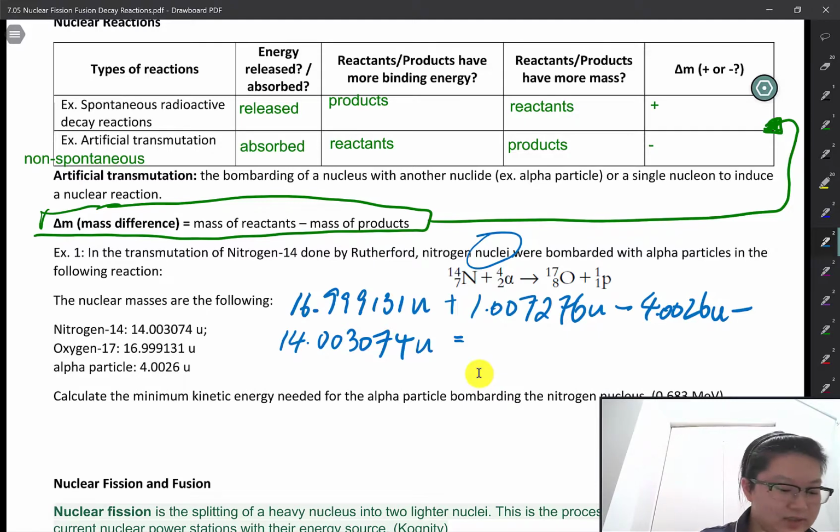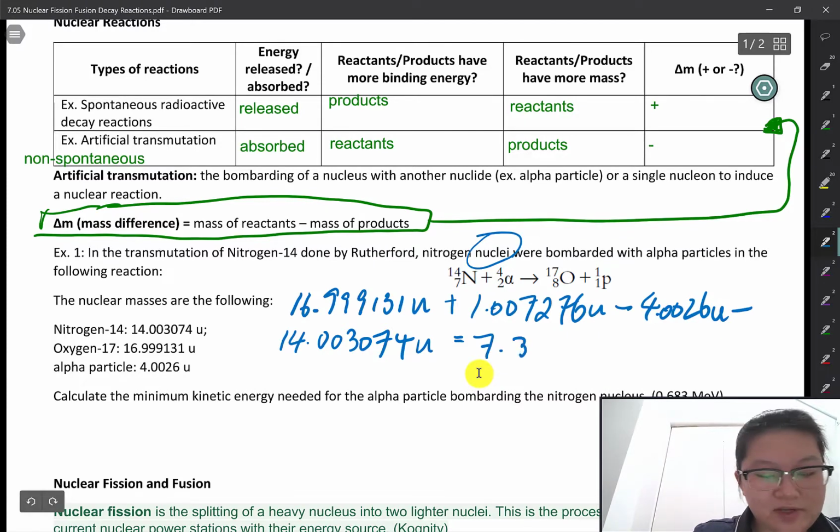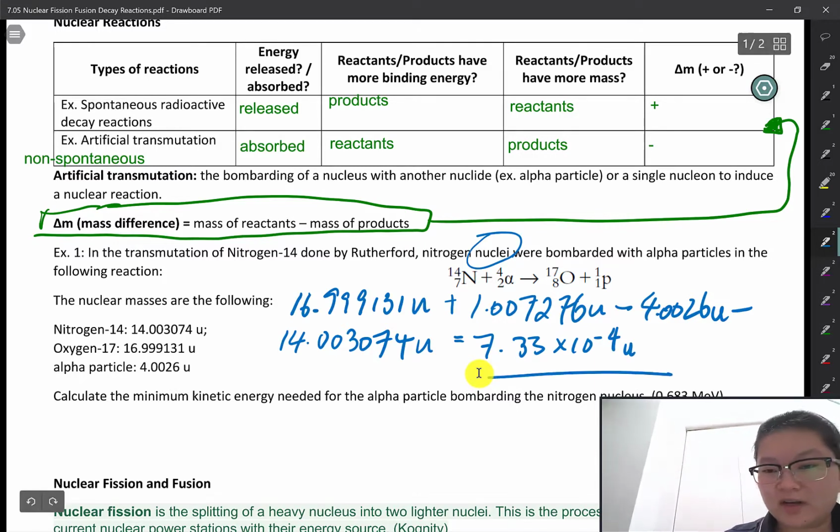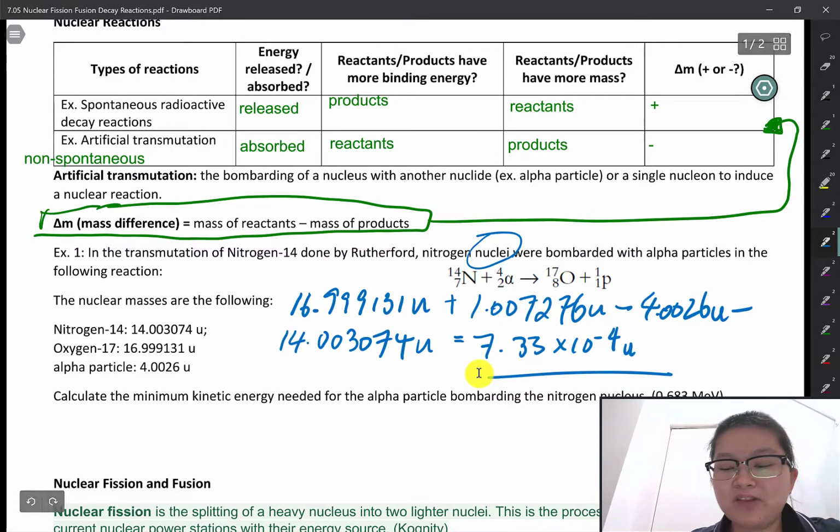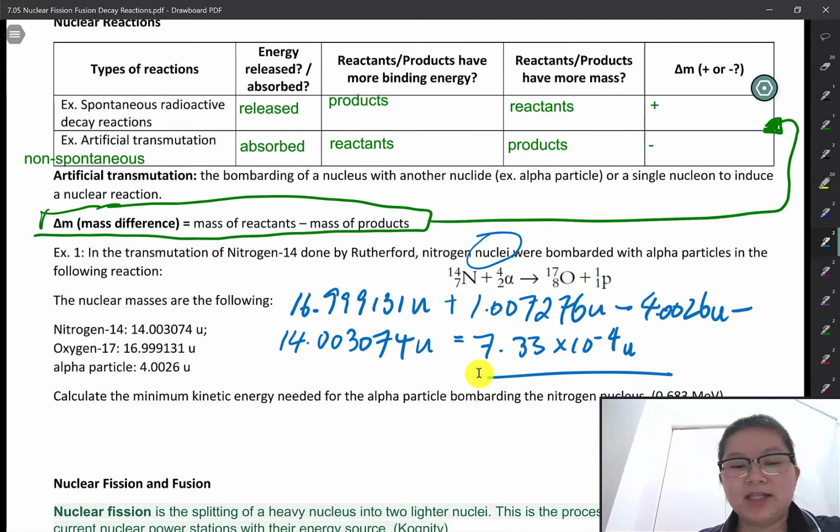After I add and compare the differences, I get 7.33 times 10 to the power of negative 4 atomic mass units. If I take this atomic mass unit and multiply it by the equivalent energy, that's going to be the amount of energy that I need to input into my system to account for the additional mass in my products.